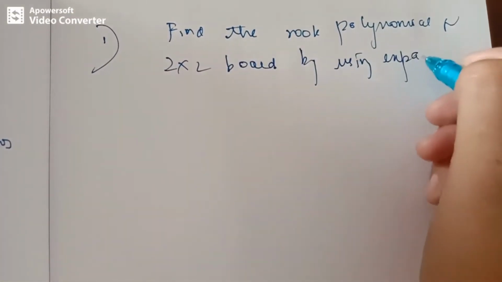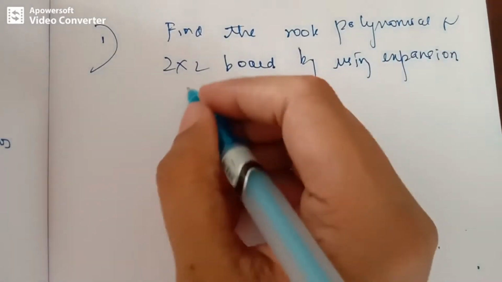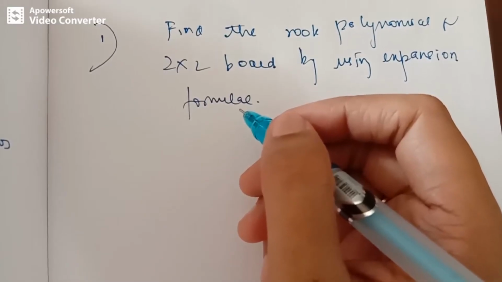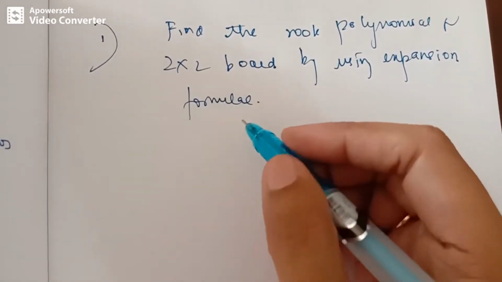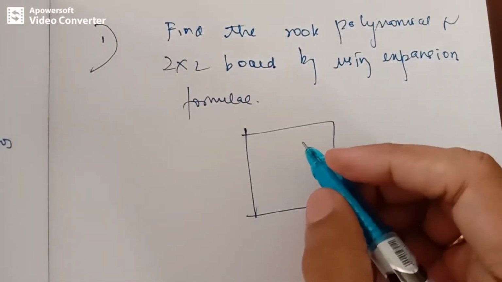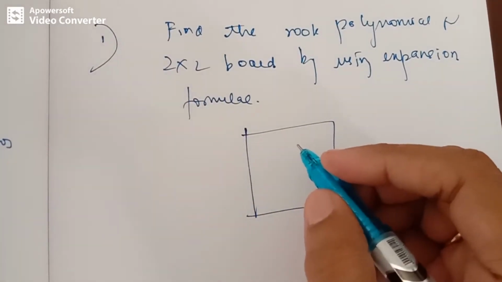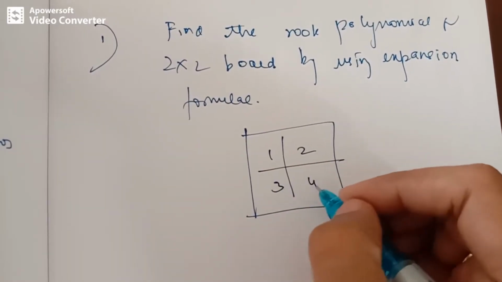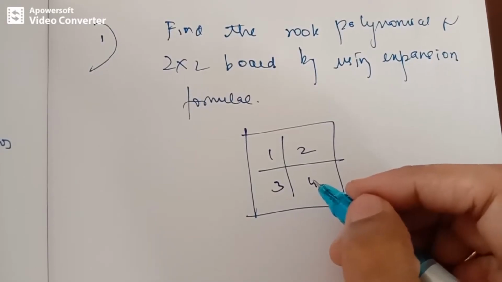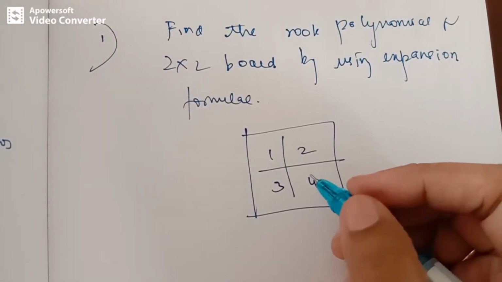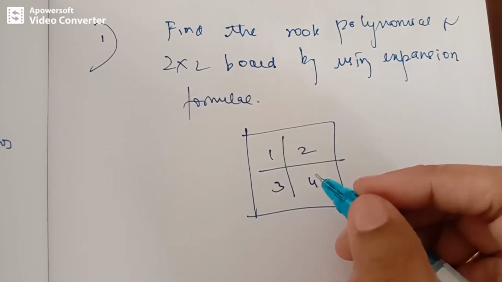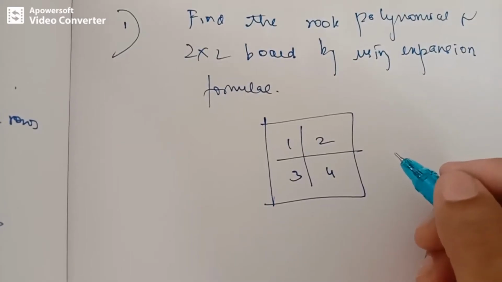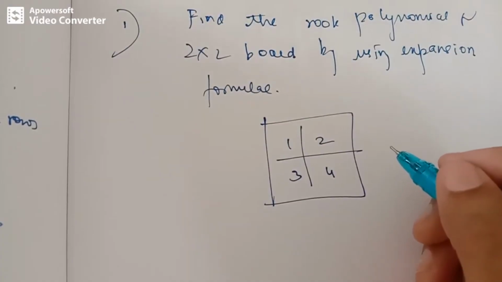So here they mentioned what formula you have to use. The figure is exactly the same as we have seen before. We have already solved this 2 cross 2 board like this: 1, 2, 3, 4. So we are having this board. Now our task is to mark a particular square.